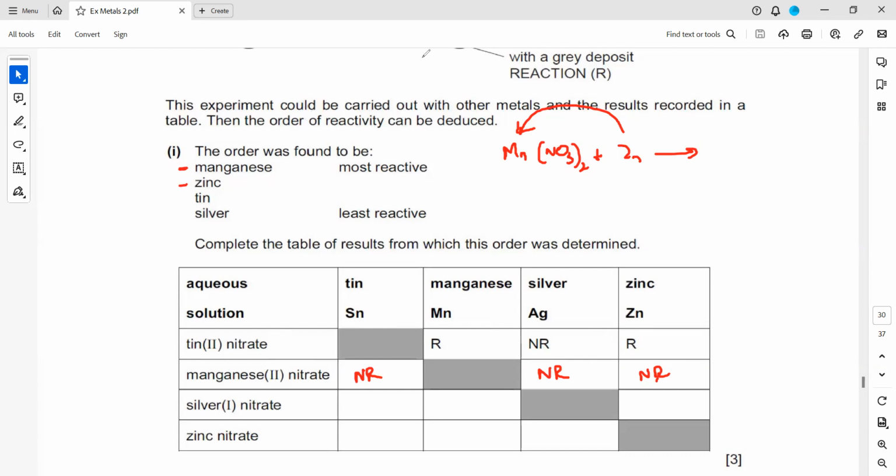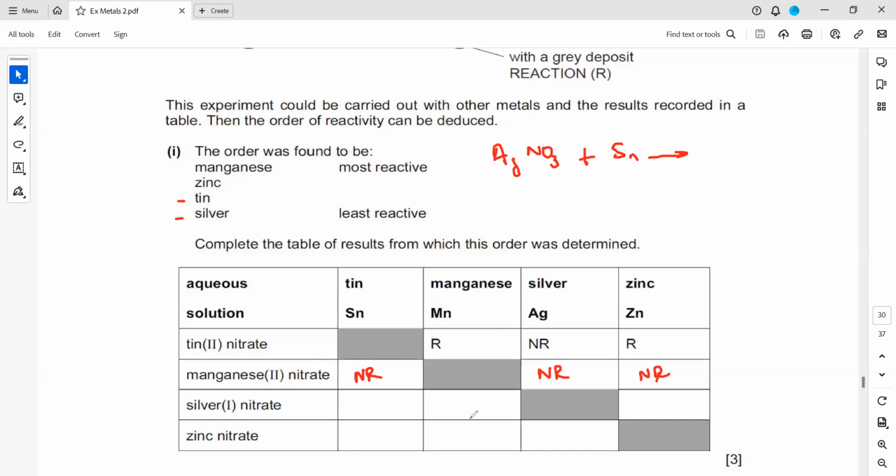Then we have silver 1 nitrate. Silver 1 nitrate, where Ag is +1 and nitrate is -1, so AgNO3. And in AgNO3 we add tin. Will it react? So we have silver salt and tin metal.